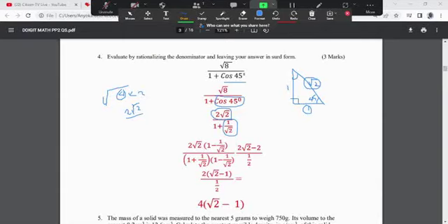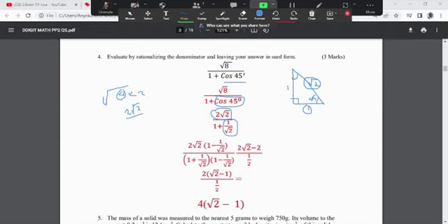So after getting this one, we have evaluated by simplifying the numerator, root 8 to 2 root 2, and then replacing cos 45 to 1 over root 2. Now we want to go to the process of rationalizing the denominator.